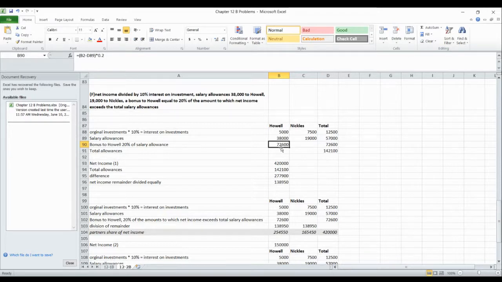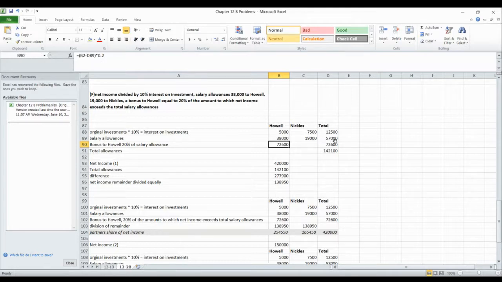So the net income in the first part was $420,000. The net income of $420,000 would be subtracted by the total salary allowance, which is $57,000.